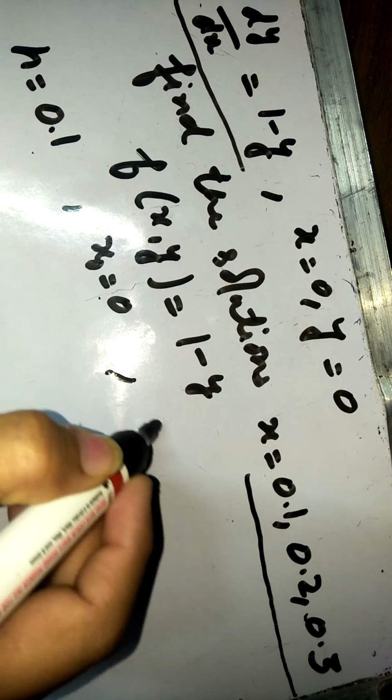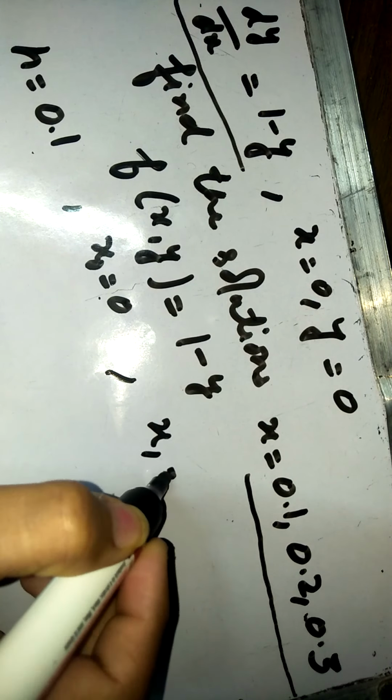So that means x1, that is x naught plus h, is 0.1; x2, that means x naught plus 2h, is 0.2; x3, that means x naught plus 3h, is 0.3.